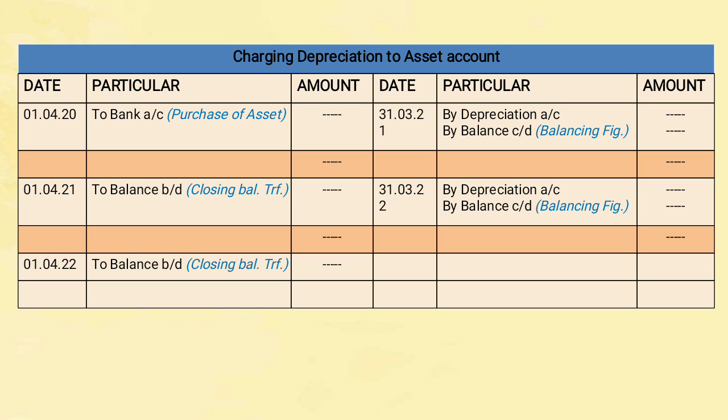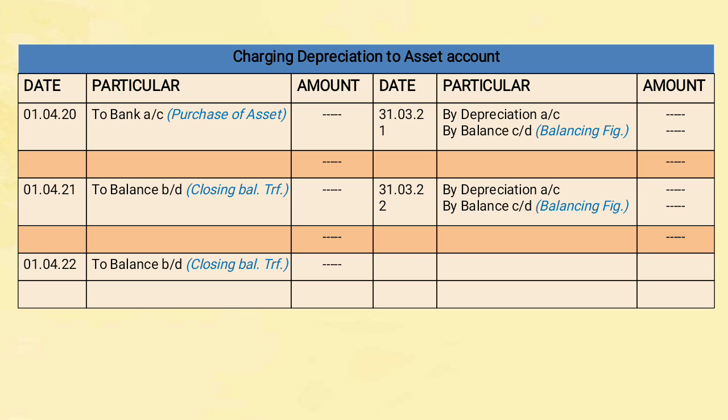We have considered the date as 1st April 2020. On 1st April 2020 we purchased that asset, so we write machinery account debit to bank account. On the debit side on the date 1st April 2020 we write to bank account, and in the amount column we mention the amount of the purchased asset.